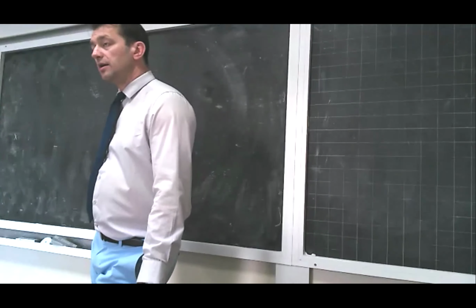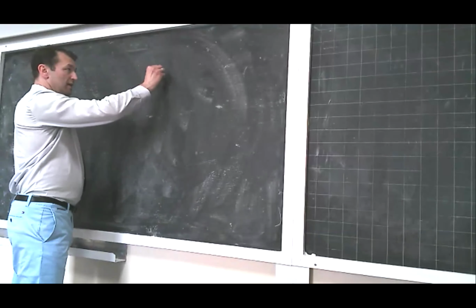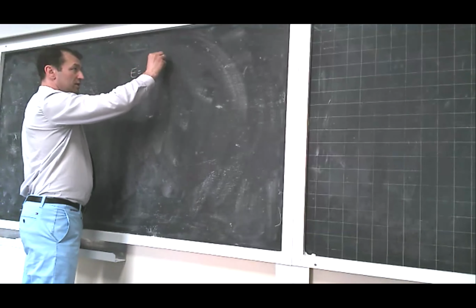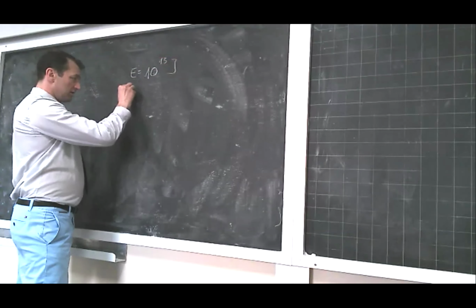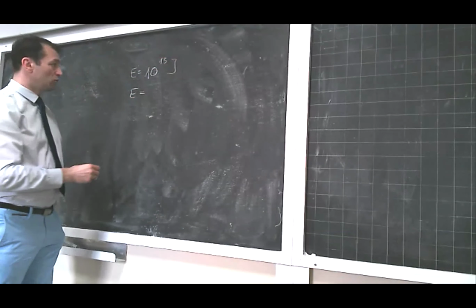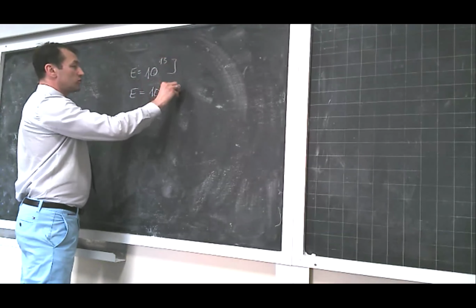Now, the energy in a thunderstorm, if you calculate, is approximately 10^13 or so joules. And the famous energy of the nuclear bomb dropped on Hiroshima was 10^11 joules.